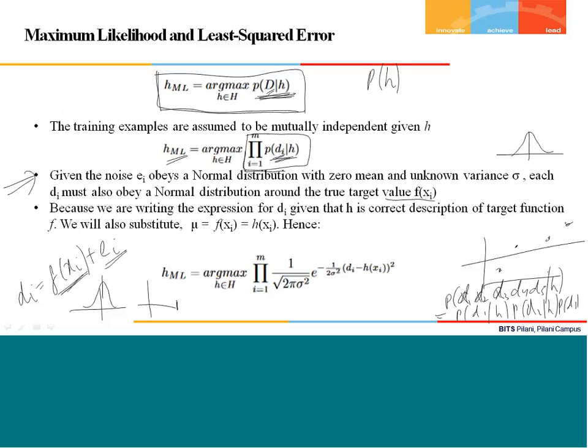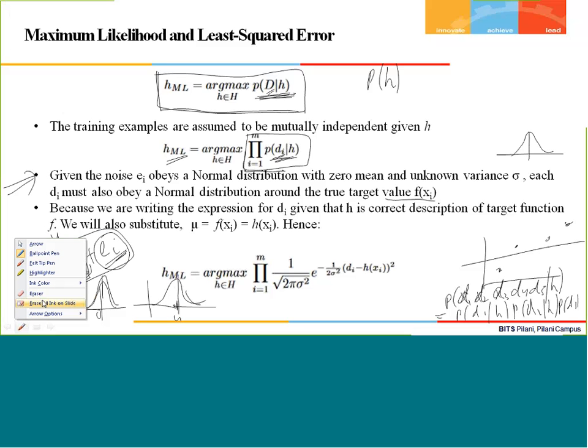If f(x1) is equal to 4, let's say, then this normal distribution that was centered at 0 is now shifted to 4, right? So you have some number that is normally distributed, you are adding something to it, which means you are shifting that distribution by this number.